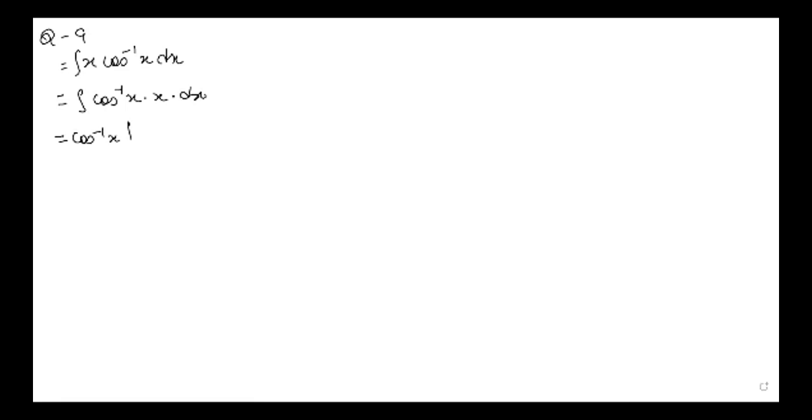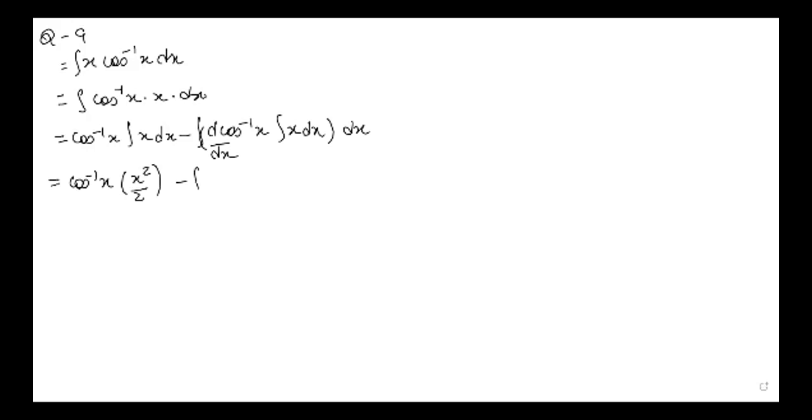So cos inverse x integration x dx minus integration of derivative of cos inverse x with respect to x integration x dx, whole dx. Integration by parts. So cos inverse x, and this will be x square by 2. Derivative of cos inverse x is minus 1 upon root 1 minus x square, upon 2 dx.